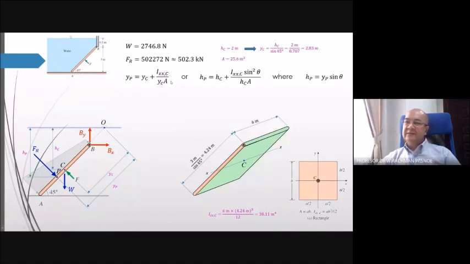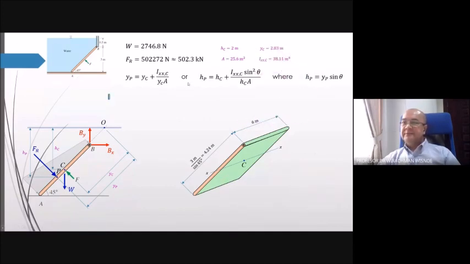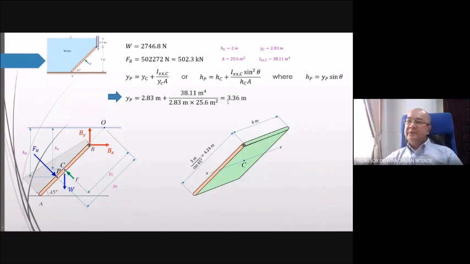So we have everything for this equation, and we can calculate. We obtain YP equal to 3.36 meters. Again, YP is the distance from point P to point O.